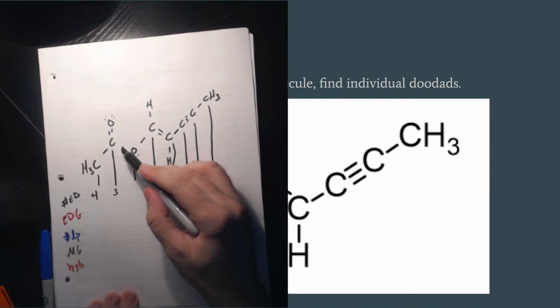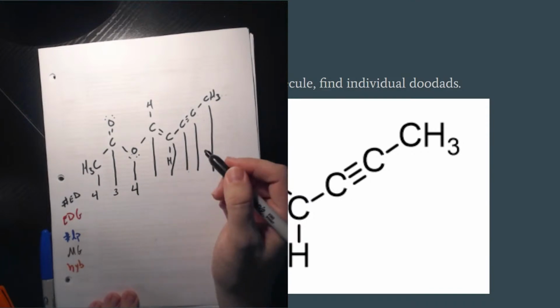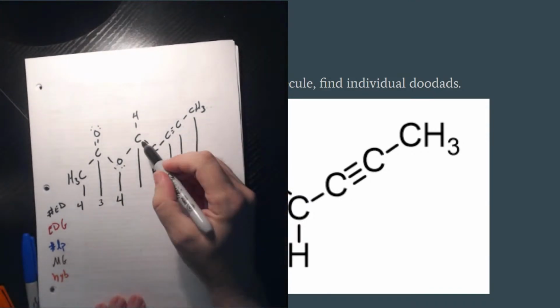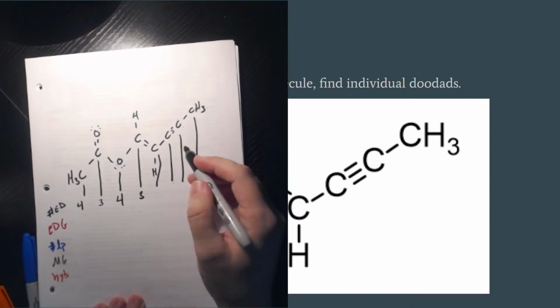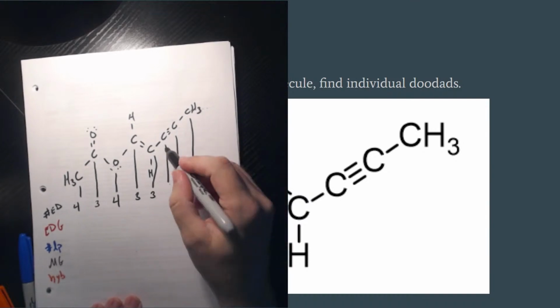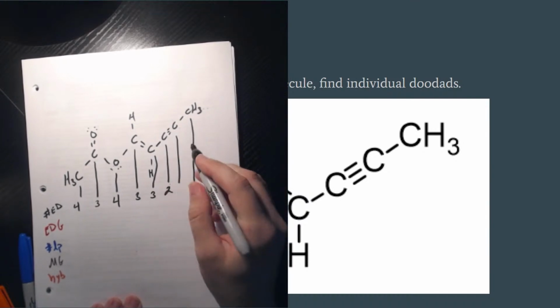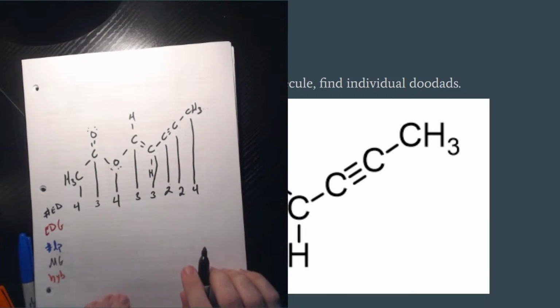This oxygen, single bond, lone pair, gives it 4 electron domains. Carbon, single bond, double bond, 3; single bond, double bond, 3; single bond, triple bond, 2; 2; and finally 4.